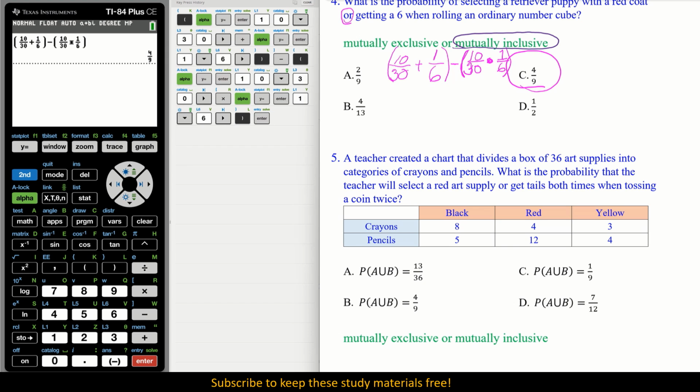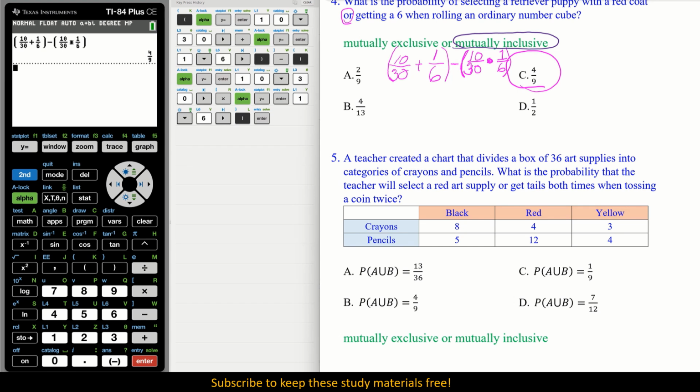All right, let's see what we got going on here. It says a teacher created a chart that divides a box of 36 art supplies into categories of crayons and pencils. What is the probability that the teacher would select a red art supply or get tails both times when tossing a coin twice?